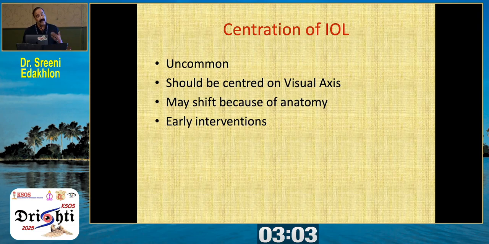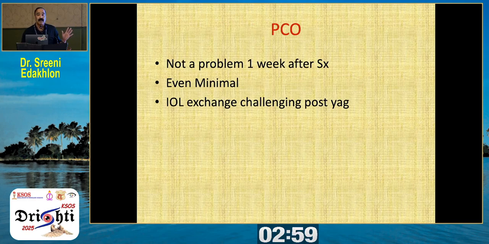Also the IOL related issues appear very early, unlike what is there with PCO. The PCO issues won't come in the first week and all. So if you have a problem initially itself, it is not because of PCO.